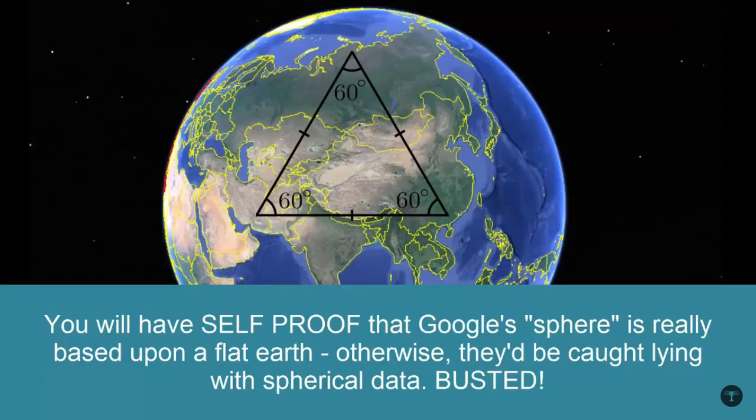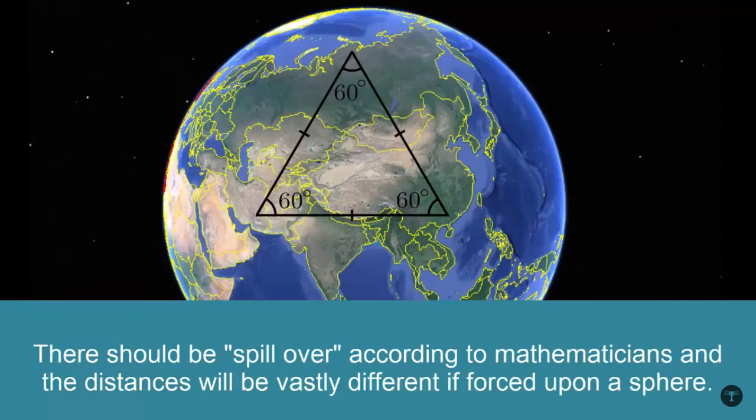It's impossible to have a 360 degrees equilateral triangle on a sphere. Lay it out, take down the edges if you want, measure it on Google Earth, see what the distances are. Be very accurate, and you'll find out they're within 50 miles, which they should be much different if it's a sphere. The Earth is flat, guys.